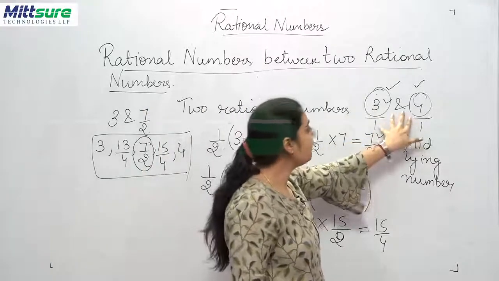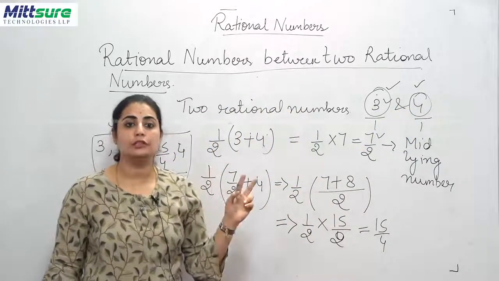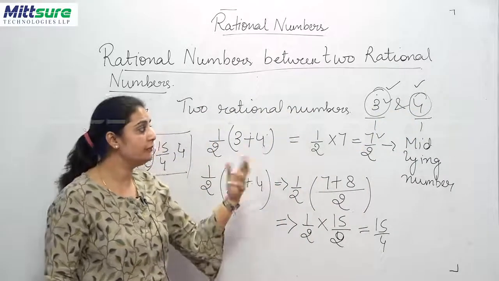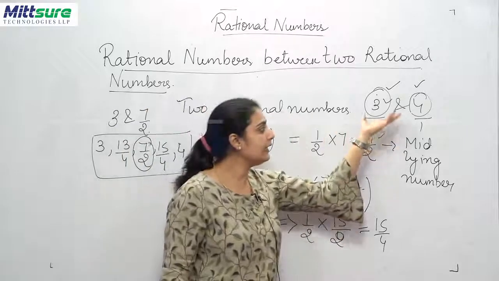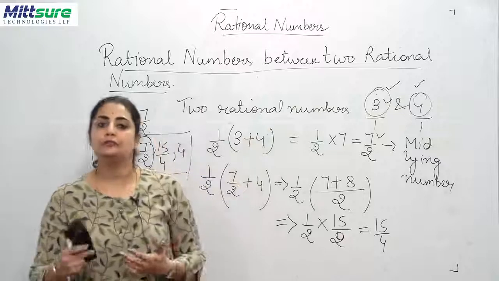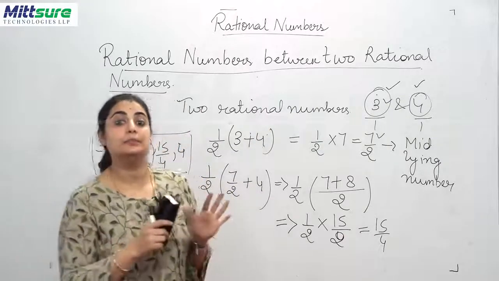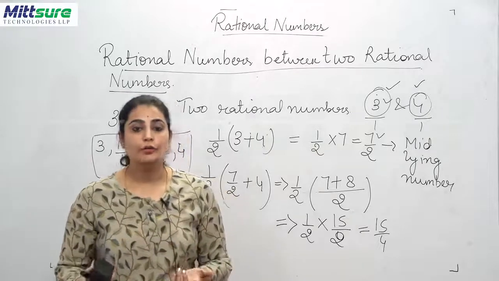Now here 3 and 4 are two consecutive numbers. When we talk of two consecutive numbers, it is very difficult because you do not see any number between these two numbers. Sometimes students get confused with such questions and they think that it is misprinted. But it is not so.